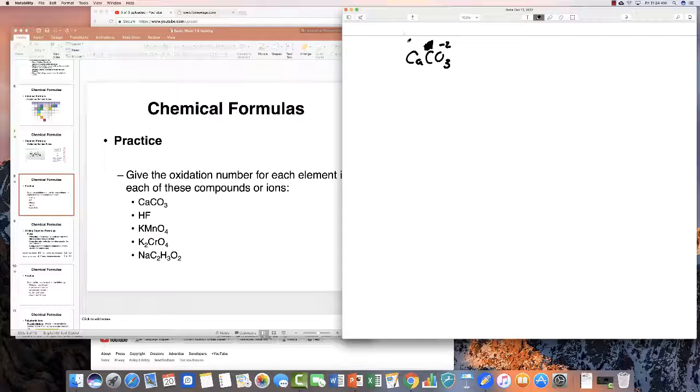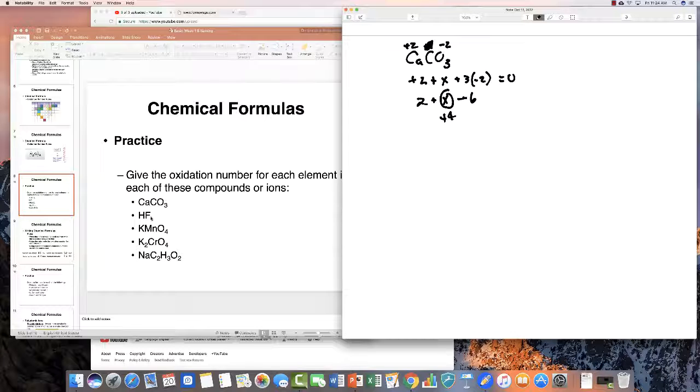Calcium is a 2A and it's +2. So we know that calcium is most likely +2. So that's +2 plus some value for carbon plus 3 times a -2. And this is a compound, so this has got to equal 0. So this is -6 and +2. So what does carbon have to be? And it's +4, as I said a minute ago.